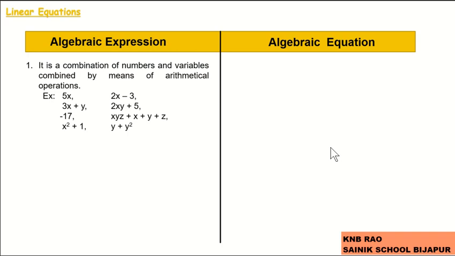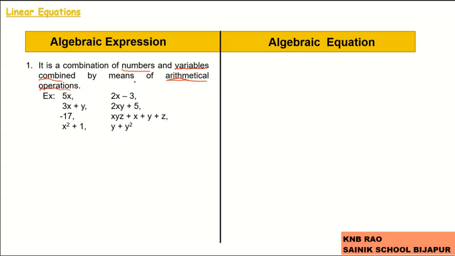An algebraic expression is a combination of numbers and variables combined by means of arithmetical operations. See children, here it is a combination of numbers also and variables also. Combined means connected by means of arithmetical operations.